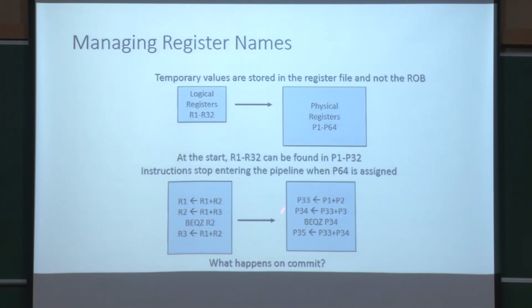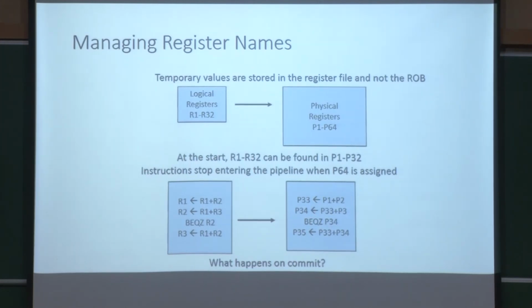So at this point in time, when this instruction finishes, in the previous case we were taking T1 and copying that into R1. Now when this instruction finishes and it has the result of what is supposed to be in R1 in P33, how can I convey this information, that the latest value of R1 is now in P33, to all the instructions that follow?